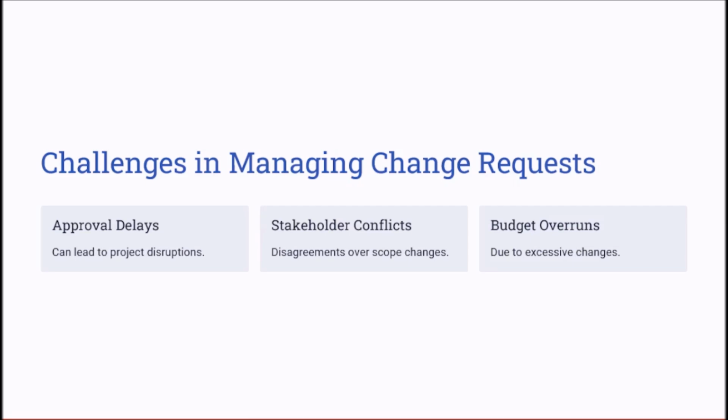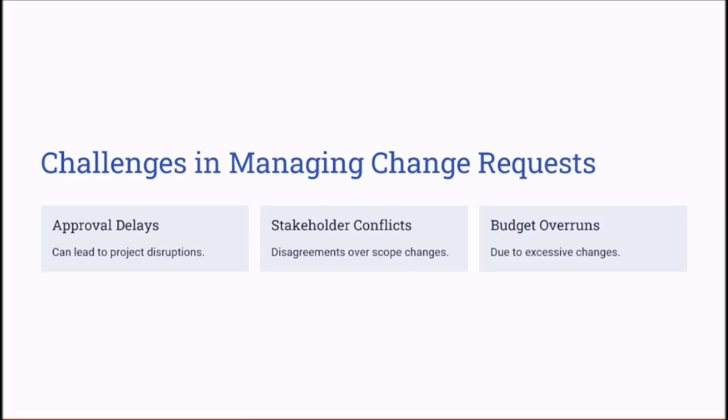The last challenge here is the budget overruns due to the changes. When you do too many changes, the scope increases, and once the scope increases, you need to expect that there will be more resources needed to work on the new or modified scope, and that might cause budget overruns, which requires spending more to meet the new scope requirements or specifications.